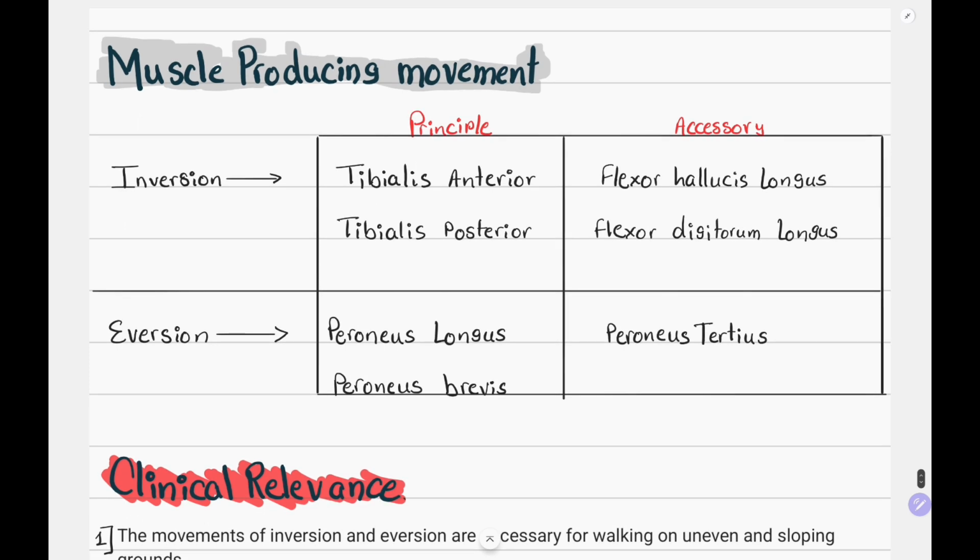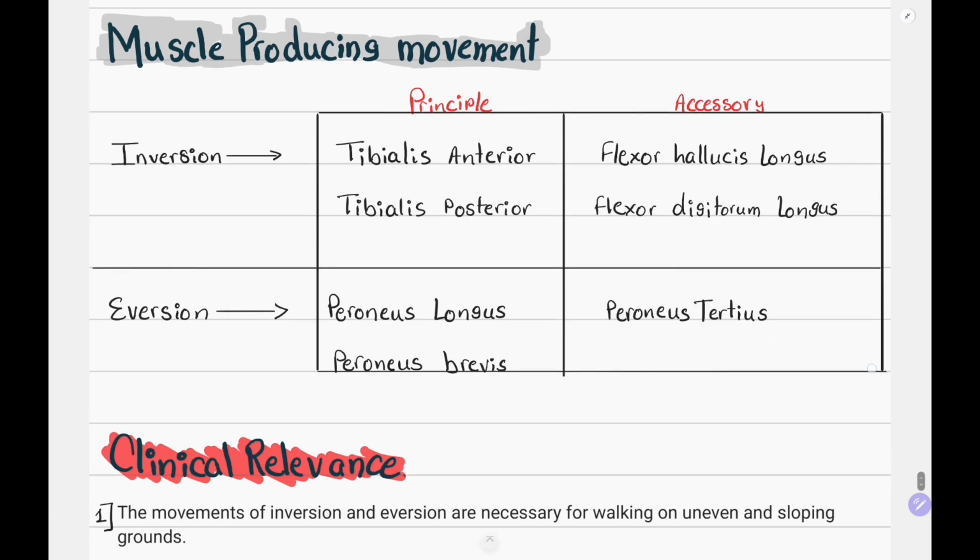So muscles producing movement: for inversion there are two principal muscles, which are tibialis anterior and tibialis posterior, and similarly two accessory muscles, which are flexor hallucis longus and flexor digitorum longus. For eversion, there are two principal muscles, peroneus longus and peroneus brevis, and similarly one accessory muscle, which is peroneus tertius.